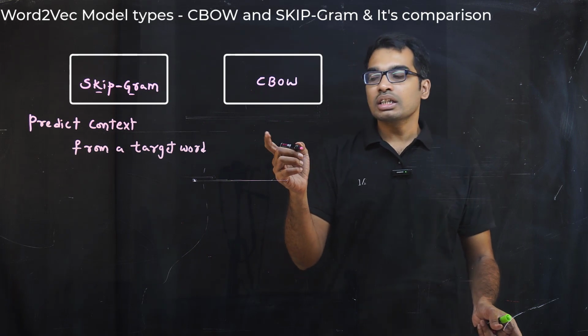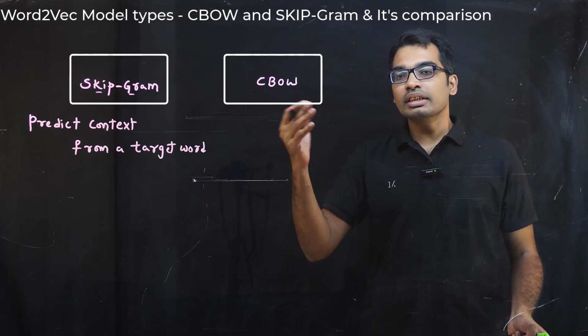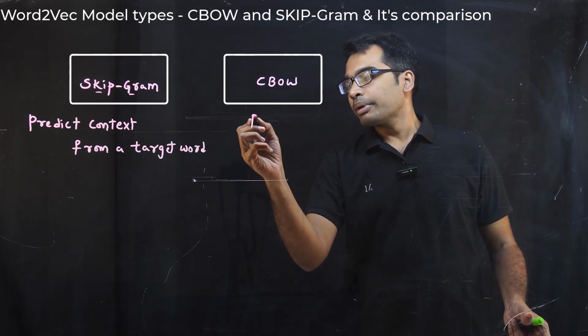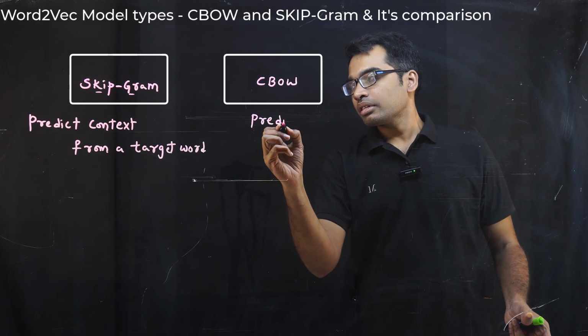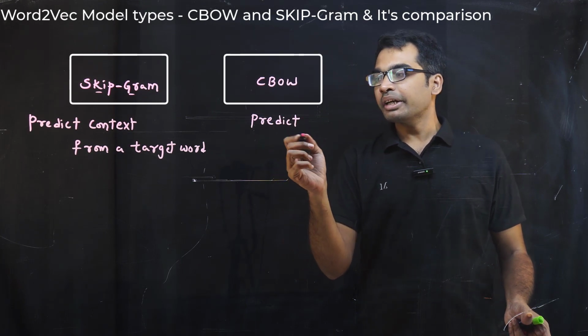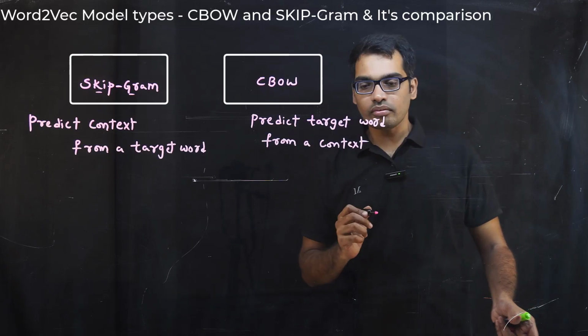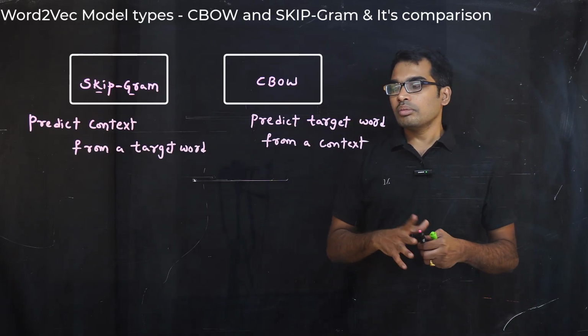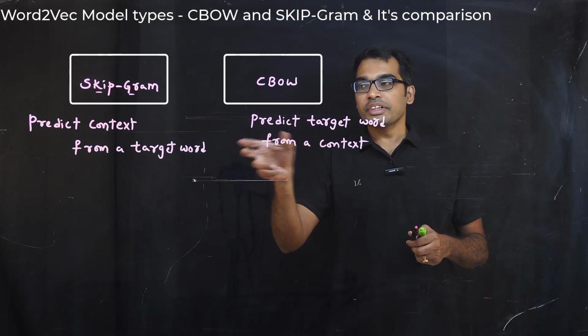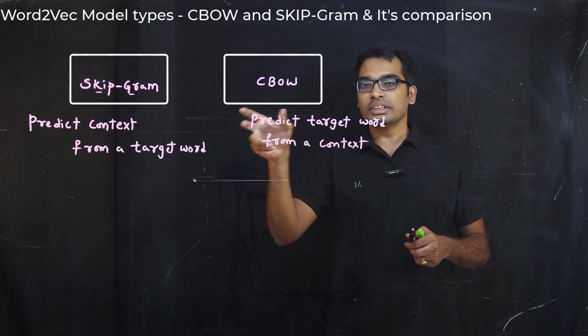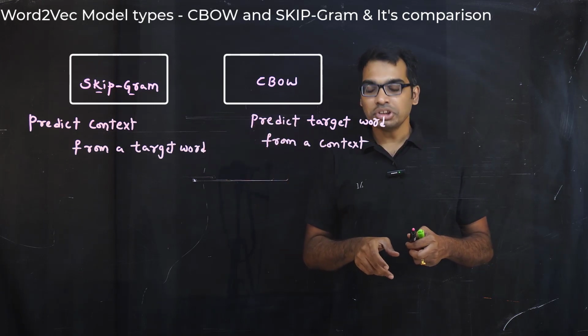In the continuous bag of words, it is the reverse: predicting the target word given a context. This is majorly the difference between the continuous bag of words and the skipgram approach.